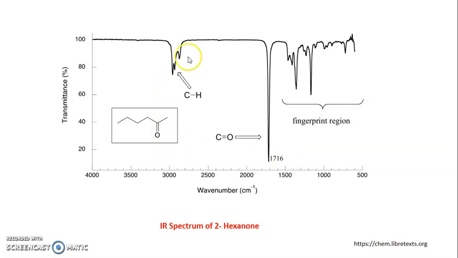The peak at approximately 3000 cm inverse is characteristic of CH bonds. This peak is not much useful as just about every organic molecule that you analyze will have these CH bonds.